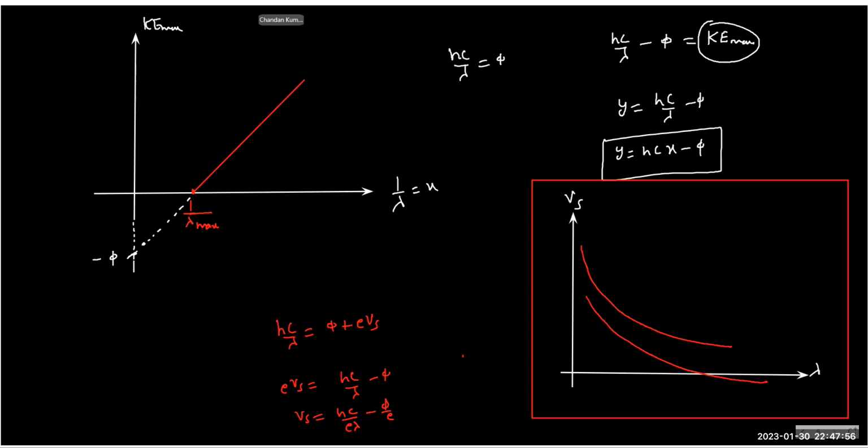Which clearly means the graph should be something like this, with perfect intersection, and this is the lambda max, right? And theoretically, if lambda will tend to 0, the energy becomes infinite, and that's why graph is also going to be asymptotic, right?